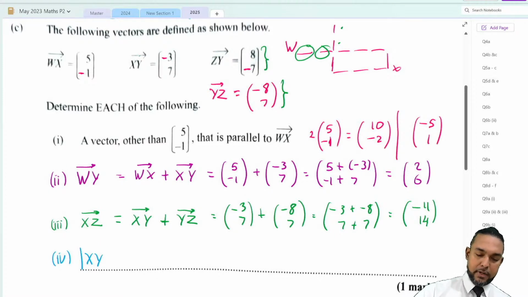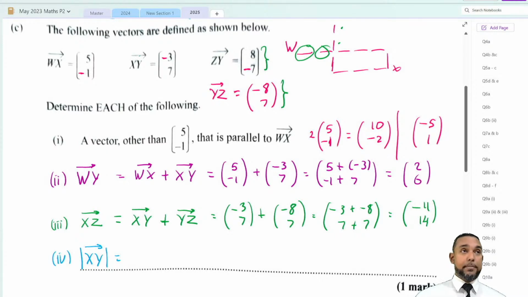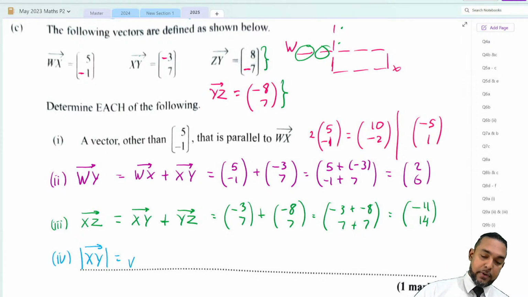Sorry, arrowhead. Now, to find the magnitude, it's simply Pythagoras' theorem. So we're going to find the square root of the sum of the squares of each of the components. So the horizontal squared plus the vertical squared, and then square root it.